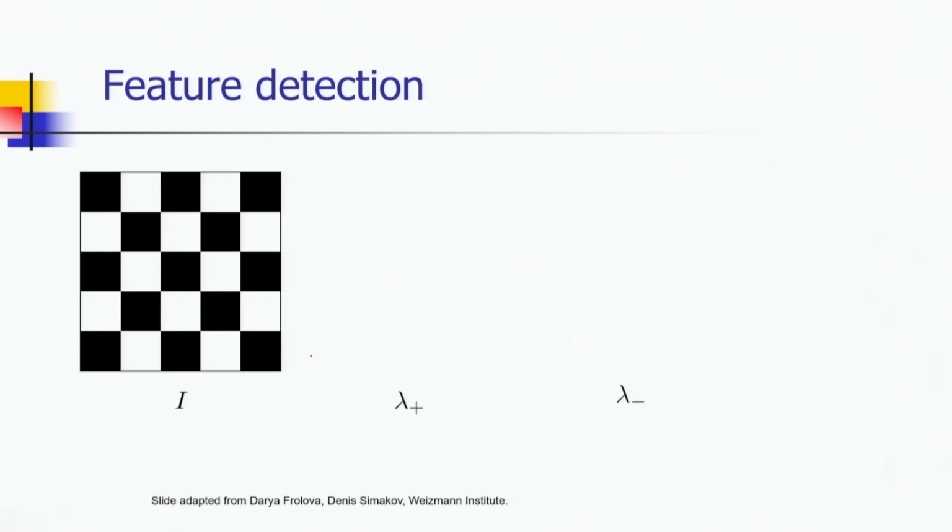So, some examples could be there. Say you have this kind of image. For convenience, we have taken this kind of image as an example, and these are the chessboard pattern. As you can see, these are chessboard pattern.